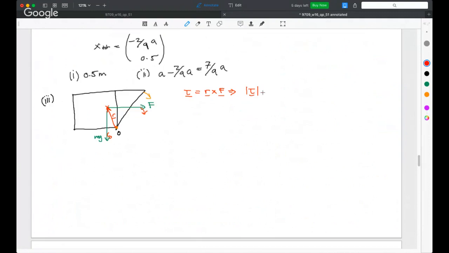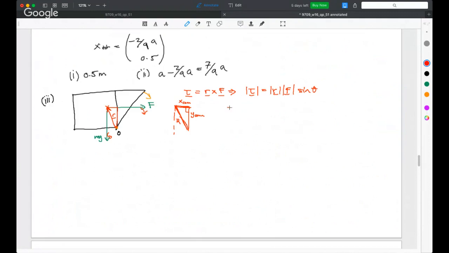So the magnitude of the torque is now just going to be r, magnitude of F, sine of theta. What is sine of theta? Well, we can imagine this triangle here. That's just the x-coordinate of the center of mass, and that's the y-coordinate of the center of mass, and this is r, let's call it.